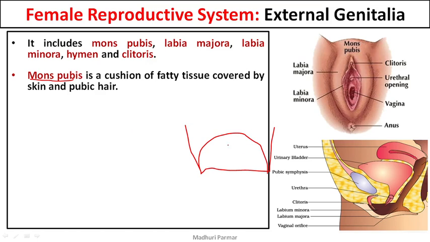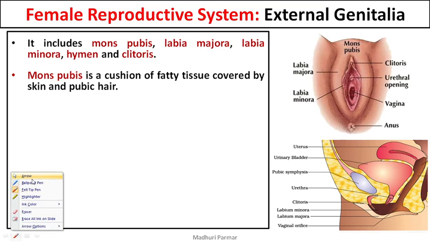If you look behind, you will have the bone, and in front of the bone, you have mons pubis, which is shown here. It is the topmost part, present above the pubic bone. Mons pubis is actually a cushion of fatty tissue. It is a soft tissue covered by skin and pubic hair.